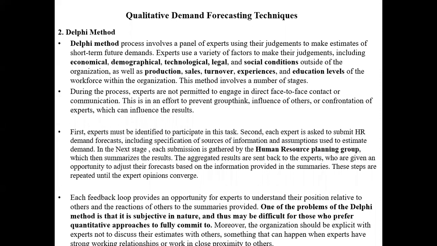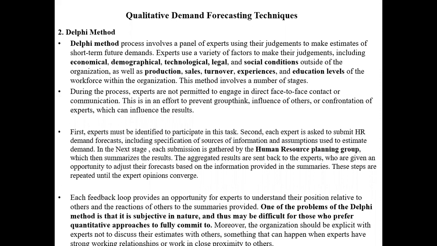Now, these experts use a variety of factors. Those are what I call the predictors to make judgments, including economic, demographic, technological, legal, social conditions outside the organization, as well as production, sales, turnover issues, experiences, and educational level of the workforce.